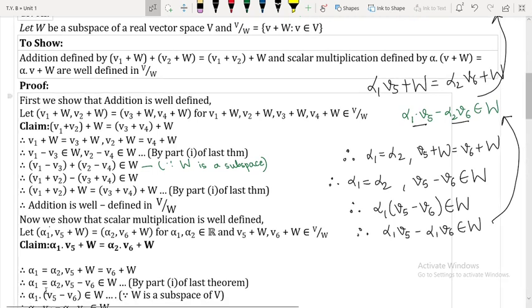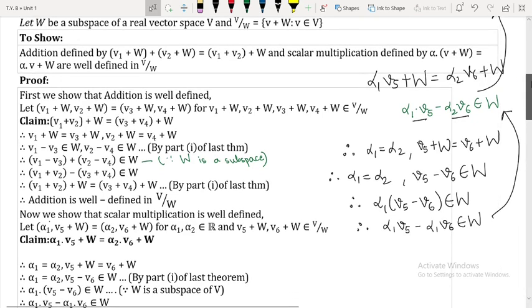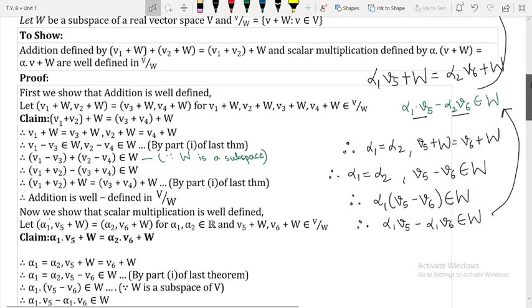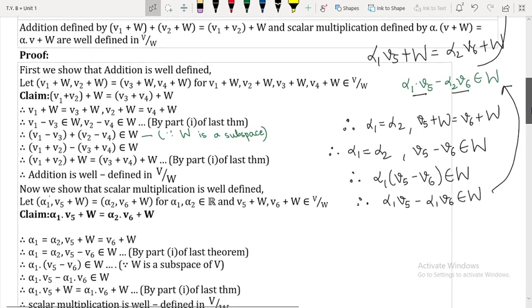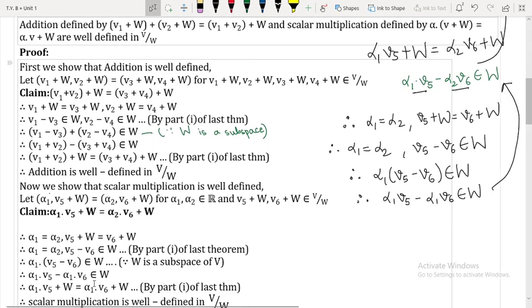Since W is a subspace, we are using the property that a subspace is always closed under scalar multiplication, and therefore by simple calculations we get this. This is going to happen by using part 1 of the last theorem, and therefore scalar multiplication is well defined.